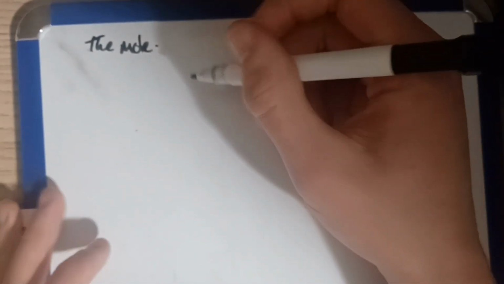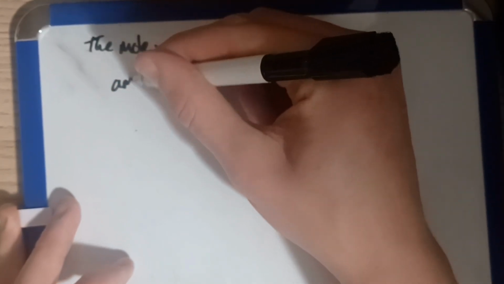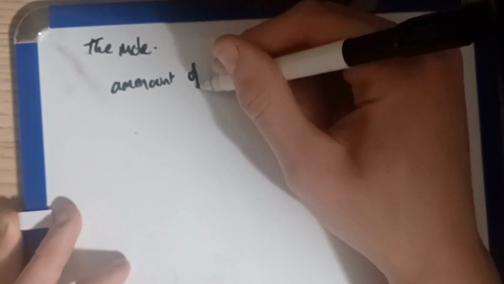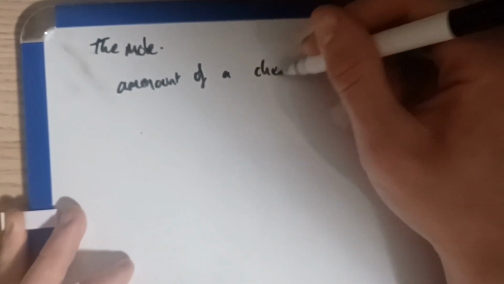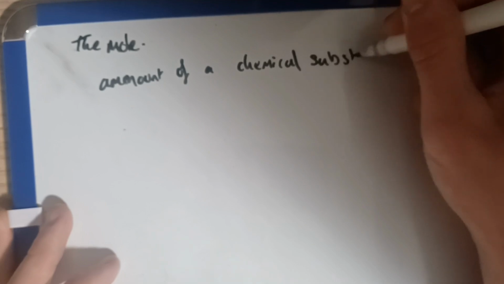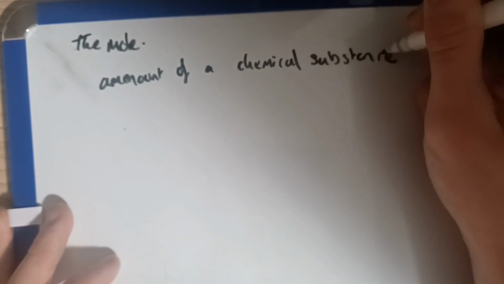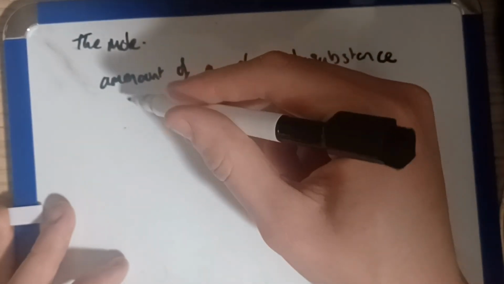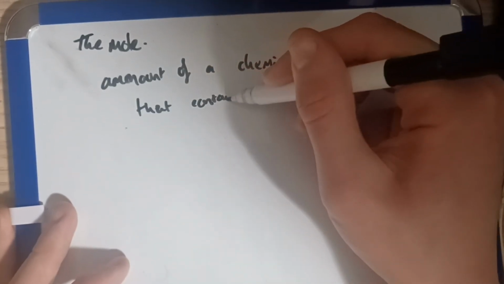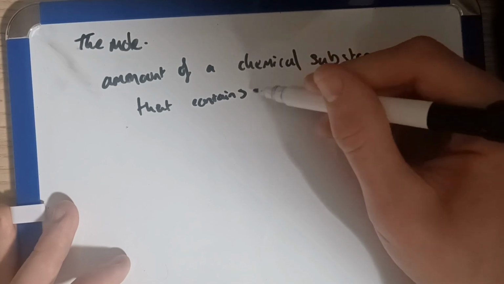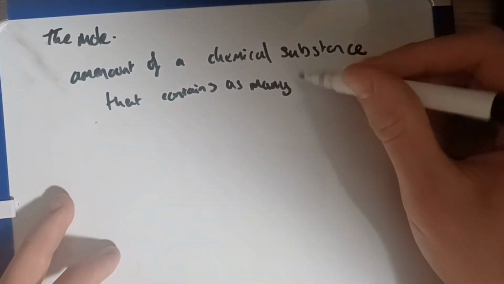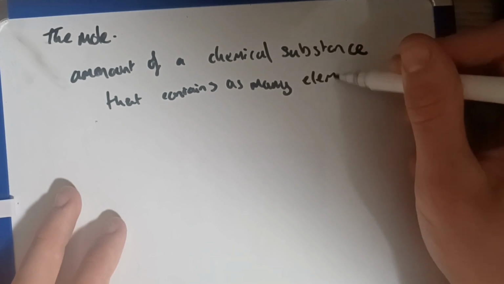The mole is defined as the amount, I'm going to write this, so excuse my handwriting, of a chemical substance that contains as many elementary entities compared to 12 grams of carbon 12.